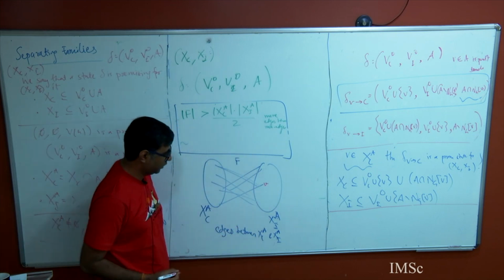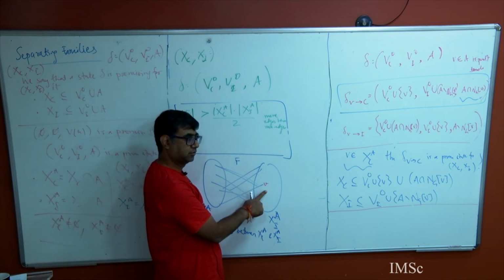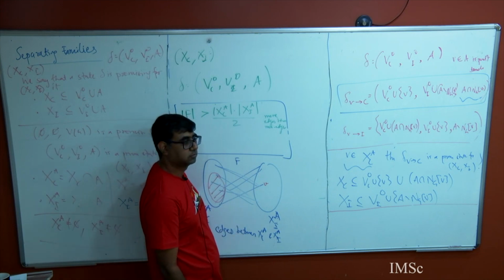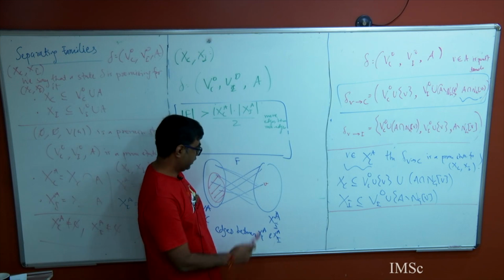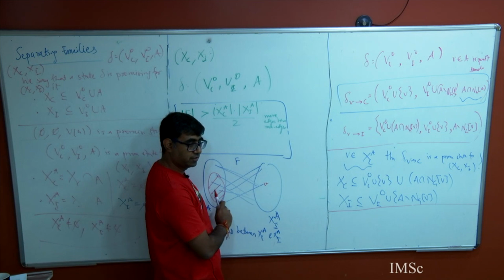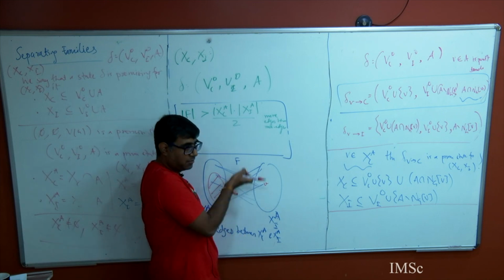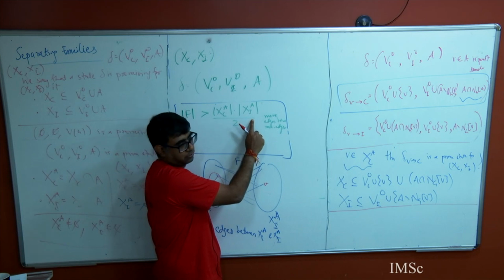Can I say something? There exists some vertex here which sees half the guys here. Because if everybody saw less than half, it's a bipartite graph, this inequality wouldn't hold.